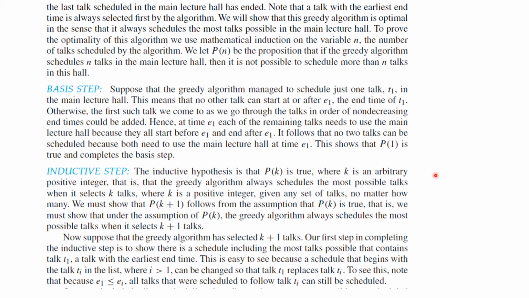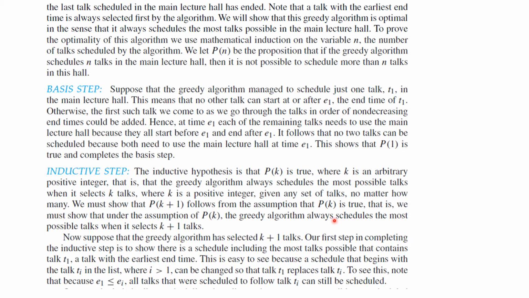Now, the inductive hypothesis says that P(k) is true. That says when k is an arbitrary positive integer, the greedy algorithm always schedules the most possible talks when it schedules k talks, given any set of talks no matter how many. And we have to show that P(k+1) follows from the assumption that P(k) is true.